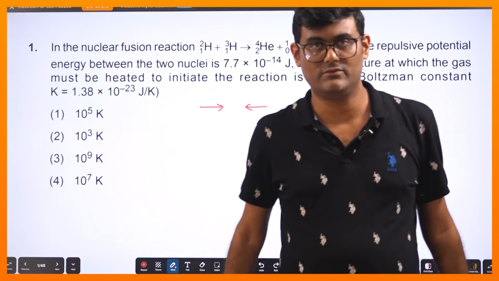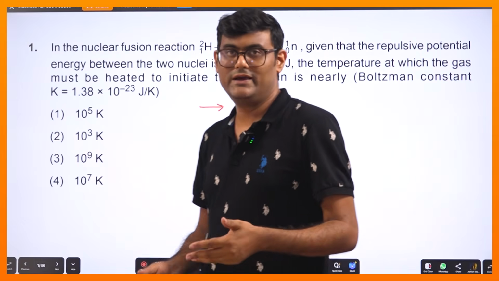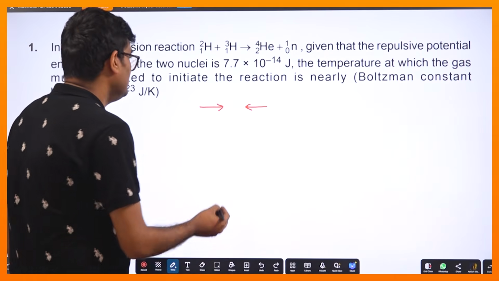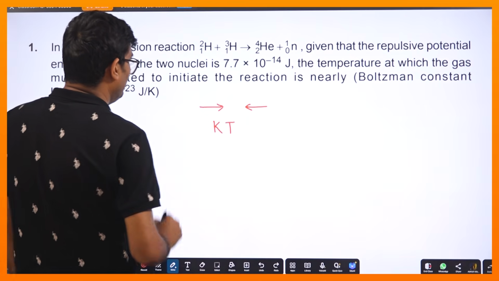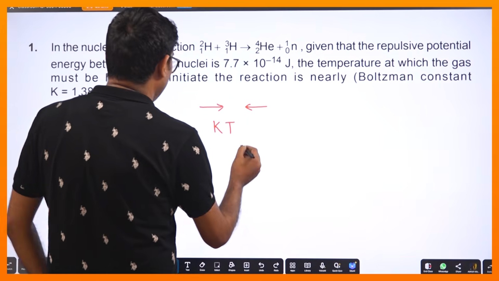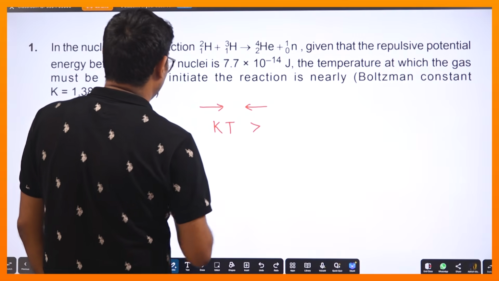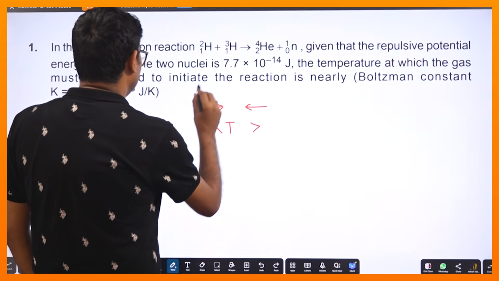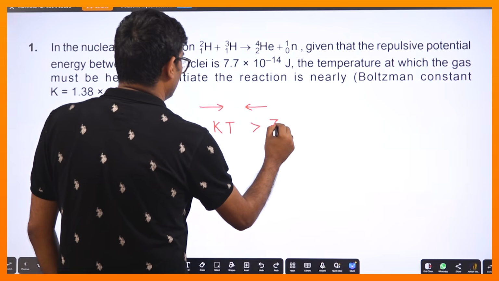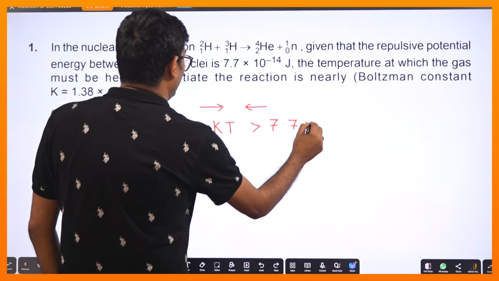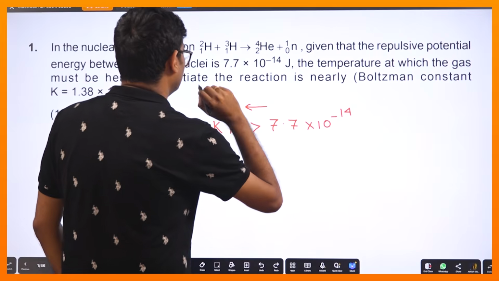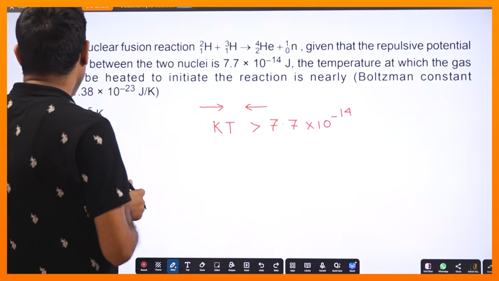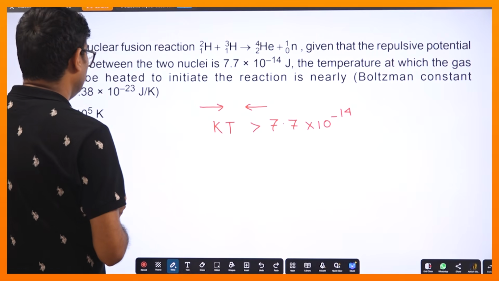The barrier repulsive potential energy. So we can say that the kinetic energy of the gas is kT, and that must be greater than this energy, 7.7 into 10 power minus 14. K is the Boltzmann constant, right?